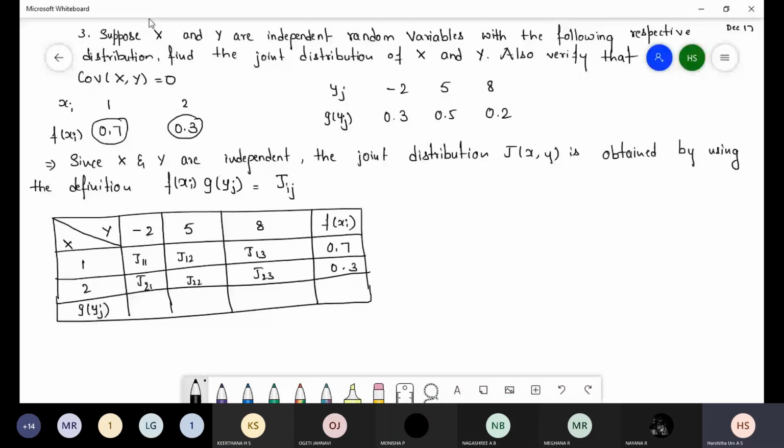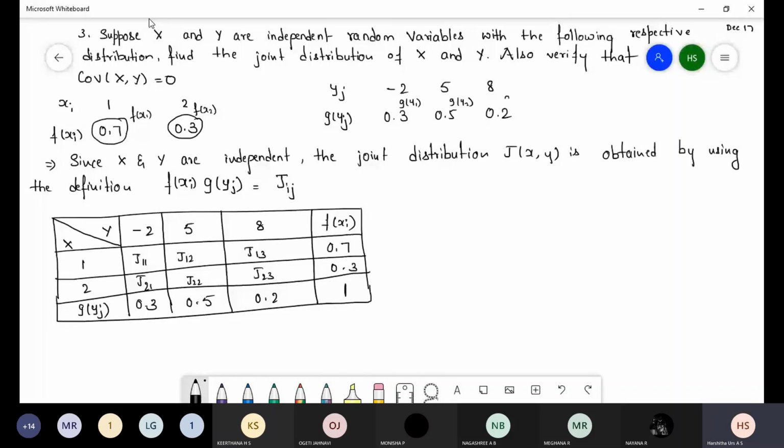Same, when you add j11 and j21, we should get 0.3, here 0.5 and again 0.2, because this is f of x1, f of x2, g of y1, g of y2 and g of y3.